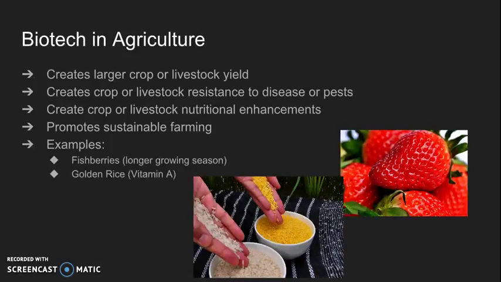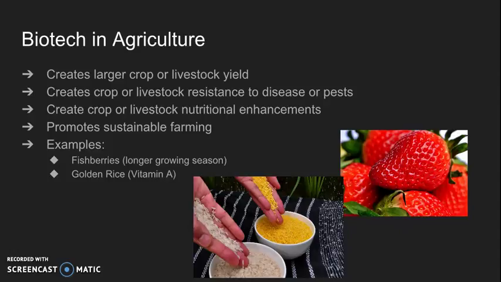Well, biotechnology in agriculture will always have a goal to create larger crops or to have larger livestock yield. And what that means is being able to use science to create larger apples or larger ears of corn or larger tomatoes, or to have beef cows also have larger body size so that way it produces more beef.